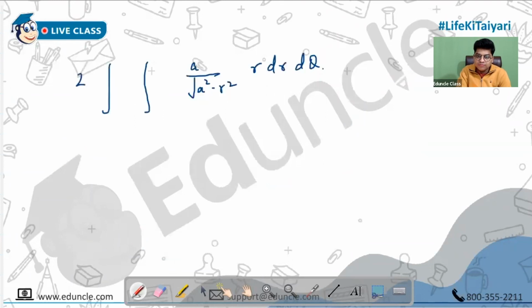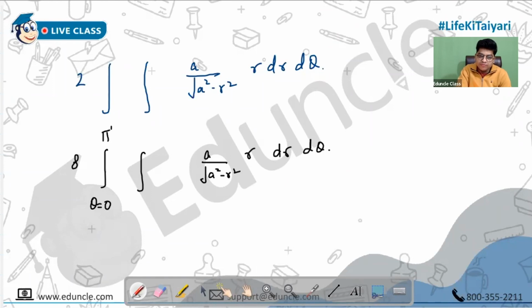So what I am doing? I am doing 4 times further. It means 8 times of a upon under root a square minus r square r dr d theta. What is theta? Theta लिख दूं 0 to pi by 4 and r लिख दूं 0 to a under root cos 2 theta.